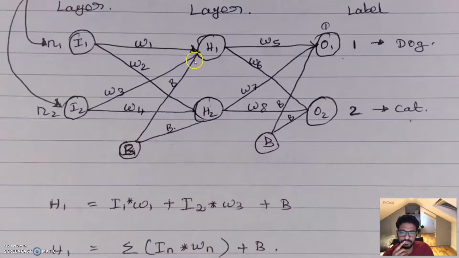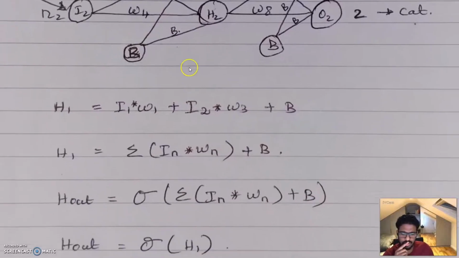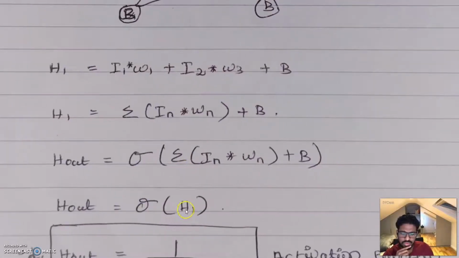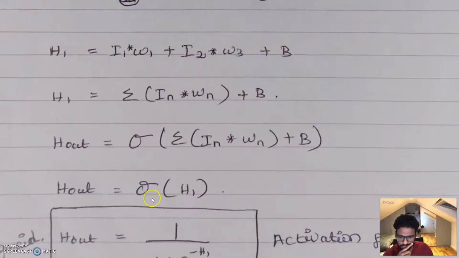So the activation is based on the value we are getting in this input, and based on the weights we added here. So this is the sigmoid function to get the output of the hidden layer neuron.